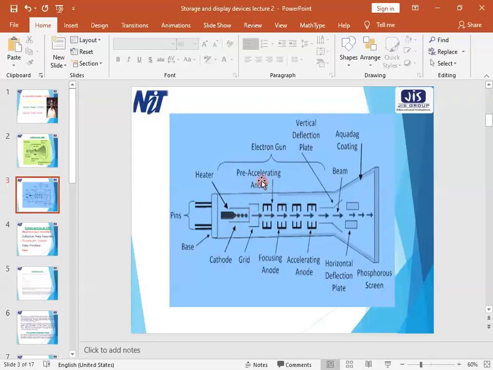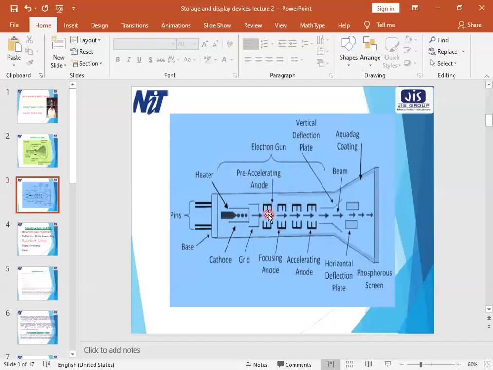Then the pre-accelerating anode: when the electrons are emitted, they are moving with very low speed. So to accelerate them, pre-accelerating anodes are there, which is why they are kept at 1500 volt.